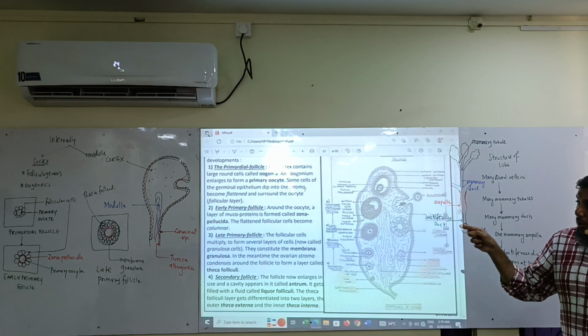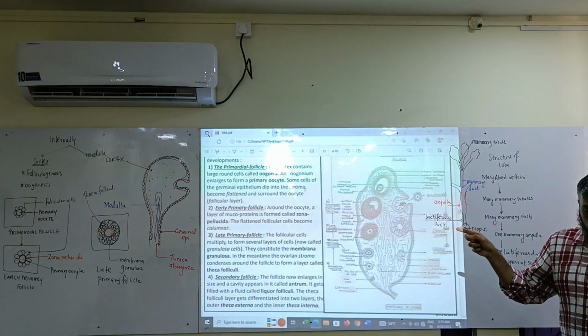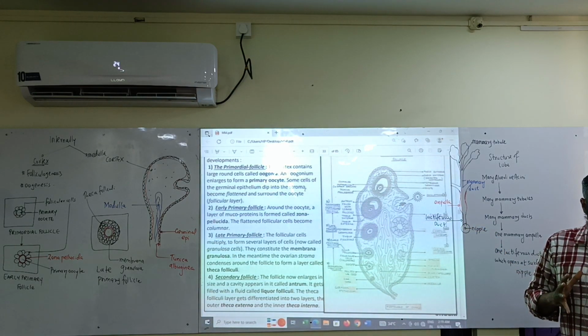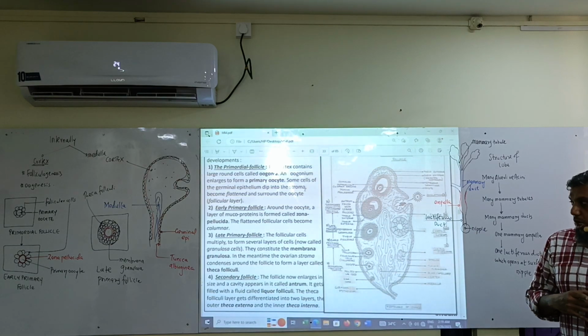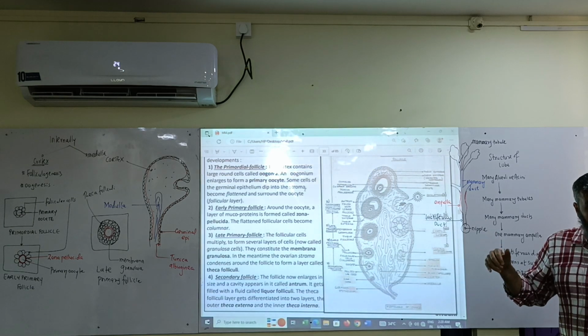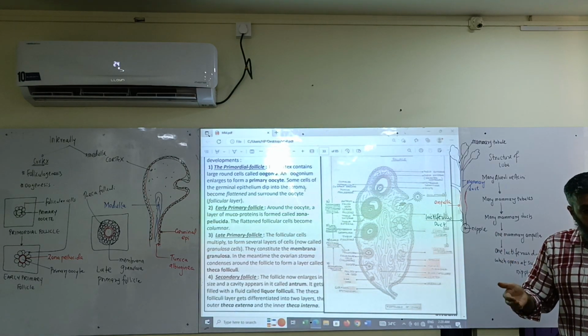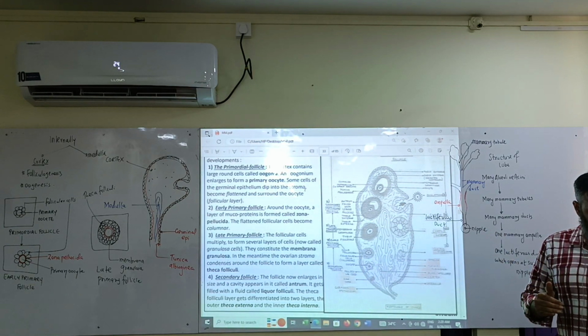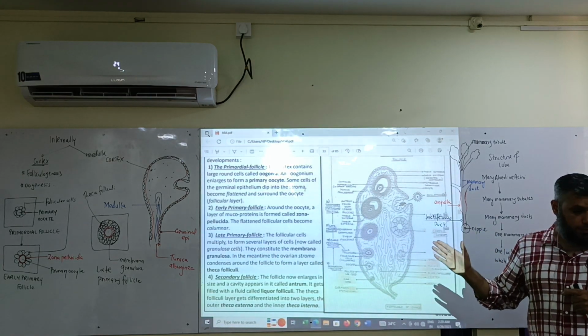Now what happens to the follicular cells? They undergo division to form many layers, and that is called the membrana granulosa. And the membrana granulosa is covered by a fibrous theca folliculi, which has once again been derived from the connective tissues. Okay, and now that is called the late primary follicle.